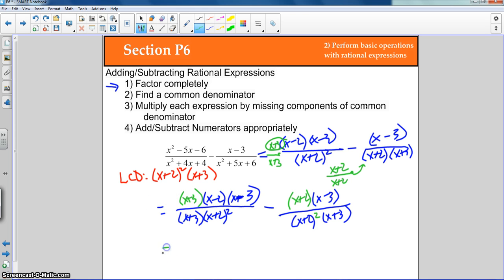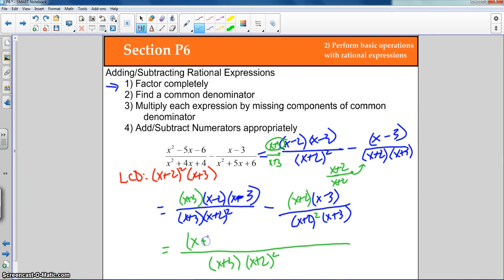Okay, so after this I'm pretty much done. I have my least common denominator as (x plus 3)(x plus 2) squared. And then in my numerator, I'm not going to FOIL this all out. I'm just going to recopy what's up here. Normally what we would do is we would add or subtract the terms here, right?